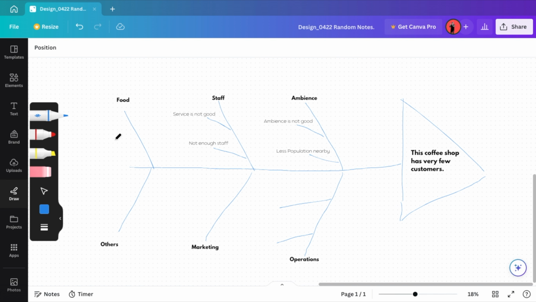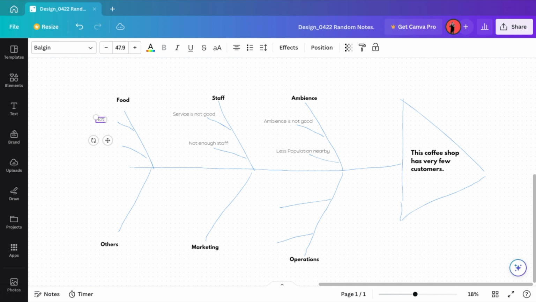Now, related to the food. I'm not saying that when you're doing a fishbone diagram, there will be problems in every category, but I'm just making it elaborate to understand the Ishikawa diagram, the fishbone diagram. So: not enough variety, not tasty enough, let's say that.